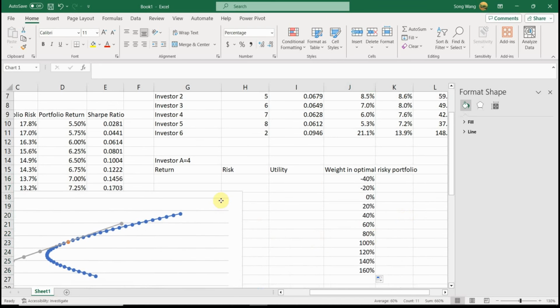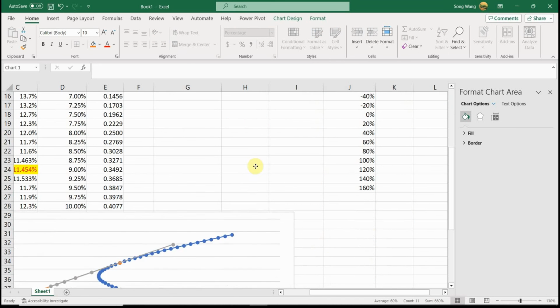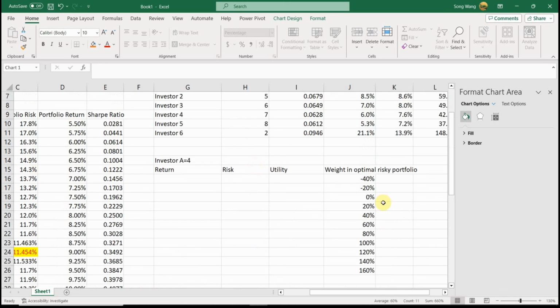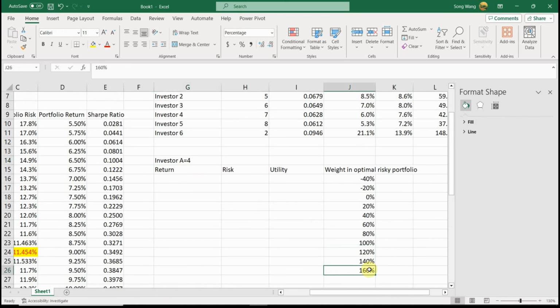Yes, the chart is on the way, so I'm going to move it down. So right here, that means this investor A4 is borrowing money to invest more in the optimal risky portfolio. And right here, the investor is short selling the stocks and bonds, short selling the risky portfolio.